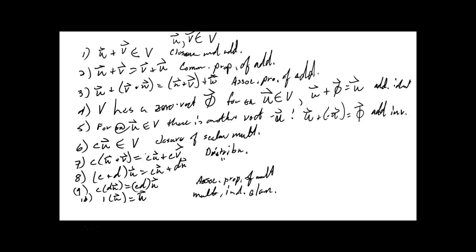Now, all 10 of those things have to be true of a thing we're calling a vector space for it to be a vector space. Now, let's go to example 1.